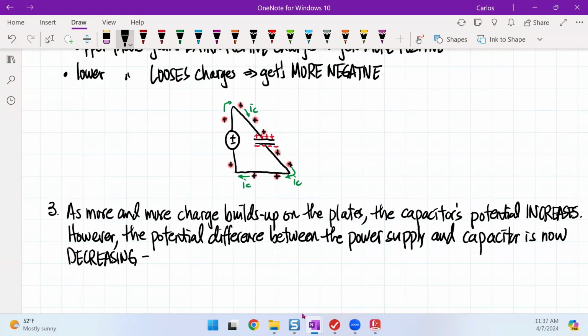In other words, the potential difference between the source and the capacitor decreases.